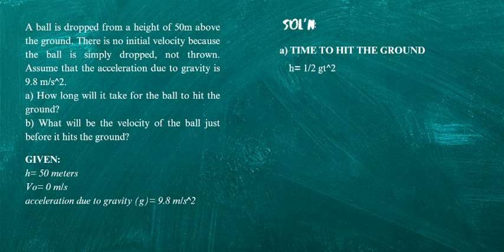Height is equal to 1/2 g t squared. Then substitute the values, which is 50 is equal to 1/2 times 9.8 times t squared. And then we get our time. So it will take about 3.19 seconds for the ball to hit the ground.